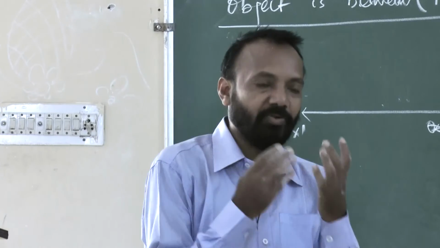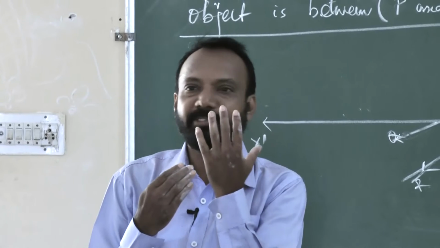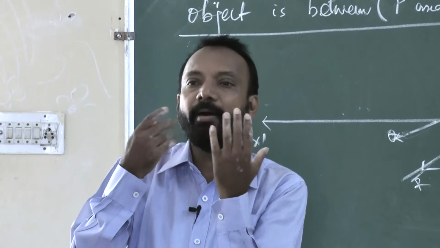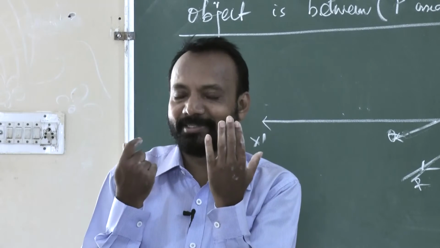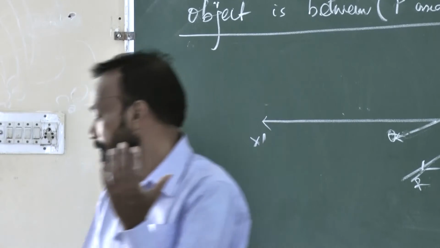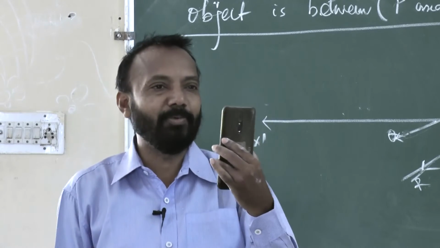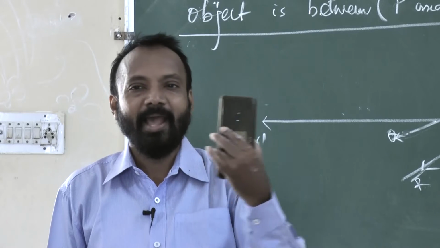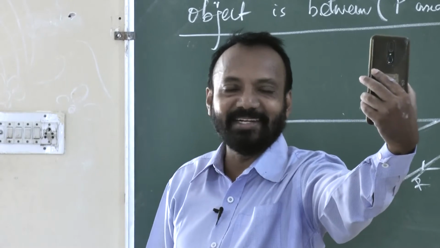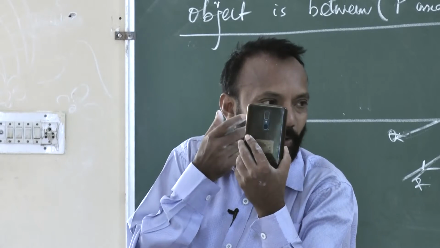Because objects should be very close. When someone is doing makeup, suppose for an example, here I am using my mobile like a mirror. If I keep it at a long distance, then I can't do makeup. So for makeup, I have to keep close to the mirror.